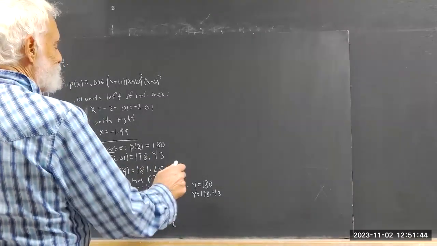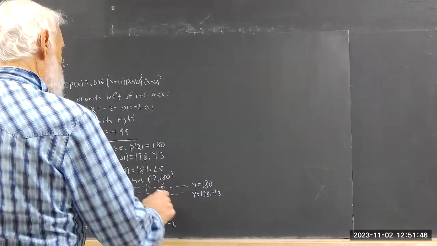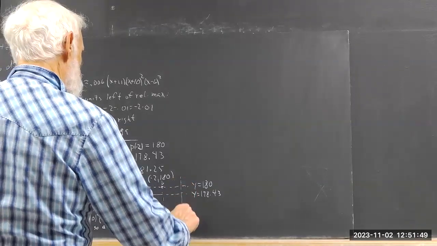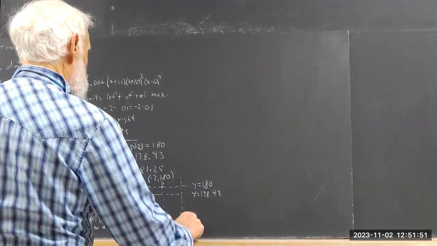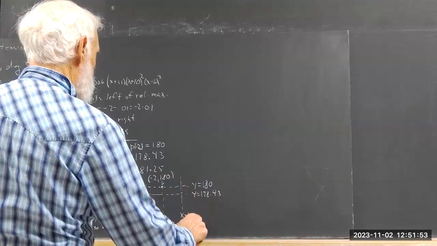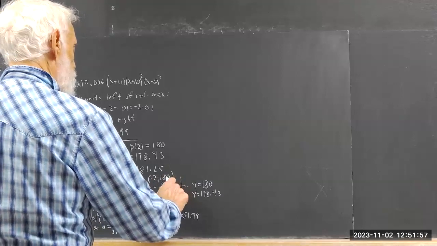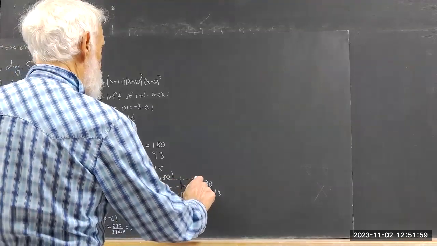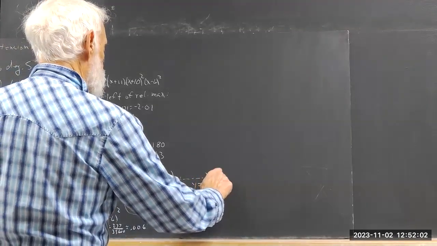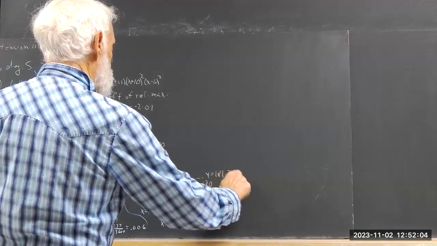And then it was a little higher. We have the line where x equals -1.99. Make sure I got that negative sign there. And this line would be y equals 181.25.